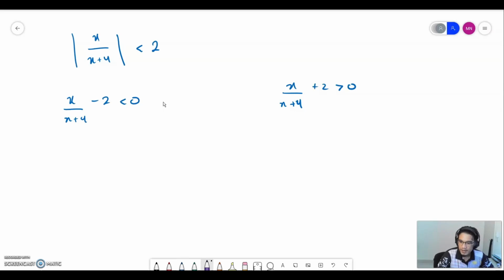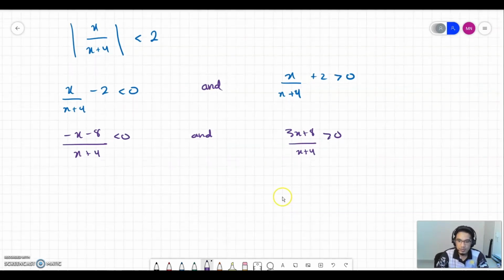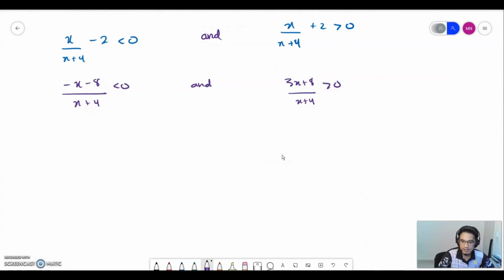Okay, so we expand that and simplify, then we should have (−x − 8)/(x + 4) < 0, and the relationship will be "and", and then this one will be (3x + 8)/(x + 4) > 0. So we know both sides have a denominator that cannot be equal to −4.